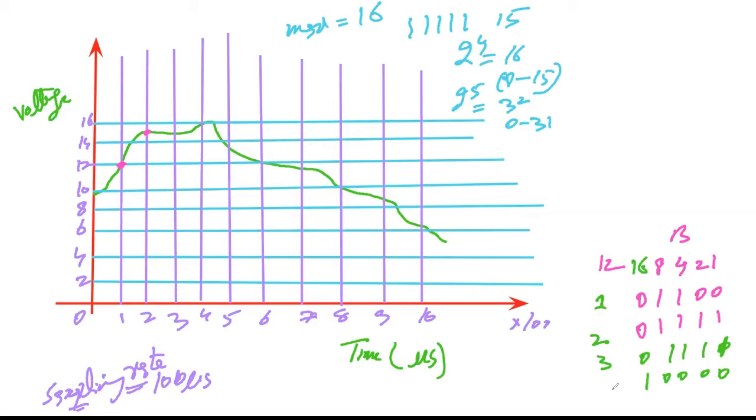This is my fourth sample. The fifth sample gives me the value 13, which is 8 plus 4 plus 1, so the bits are 0, 1, 1, 0, 1. These binary bits give me 13 in decimal. This is my fifth sample.